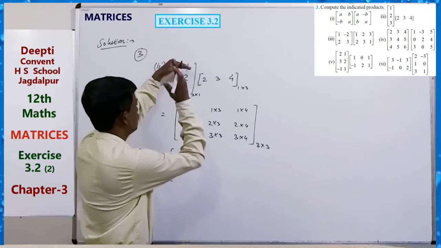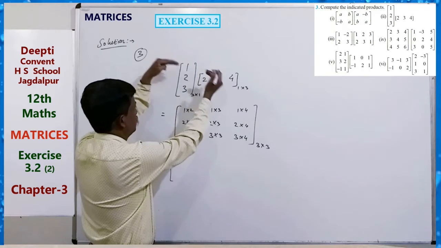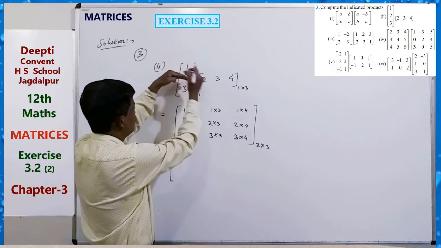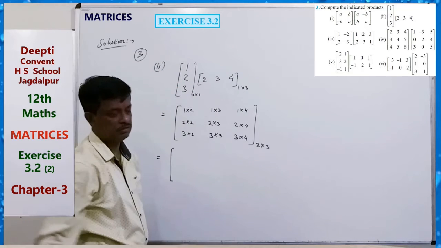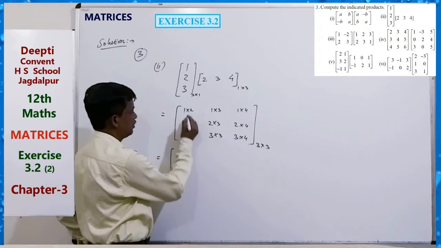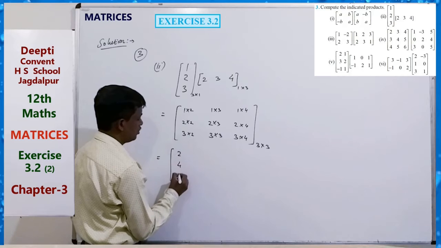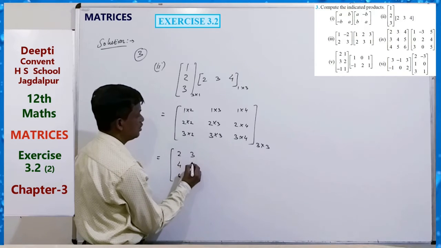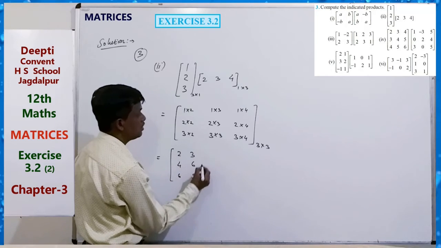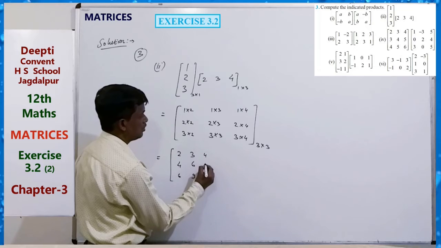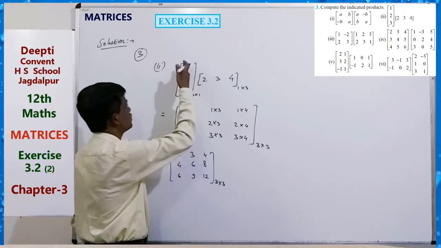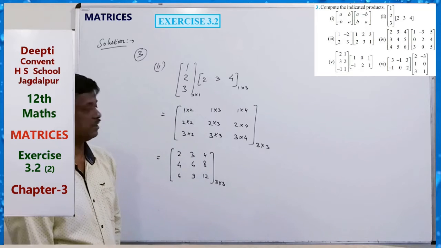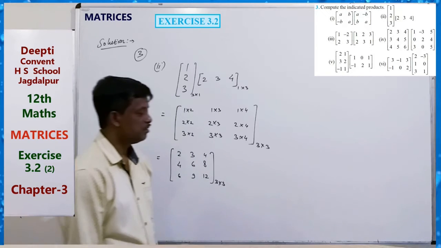First row and column: 1 into 2, 1 into 3, 1 into 4, then 2 into 2, 2 into 3, 2 into 4. So we get 2, 3, 4, then 4, 6, 8, then 6, 9, 12. This is a 3 by 3 matrix, the multiplication of these matrices. This is the rule of finding multiplications.